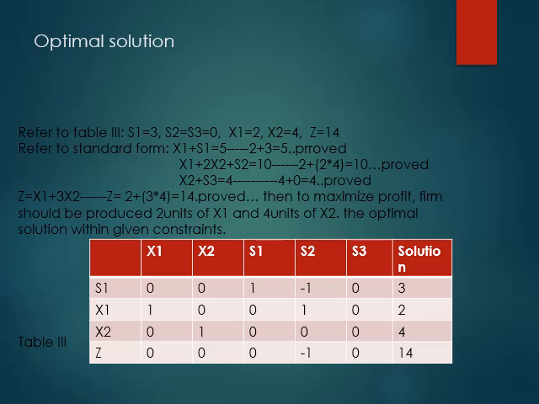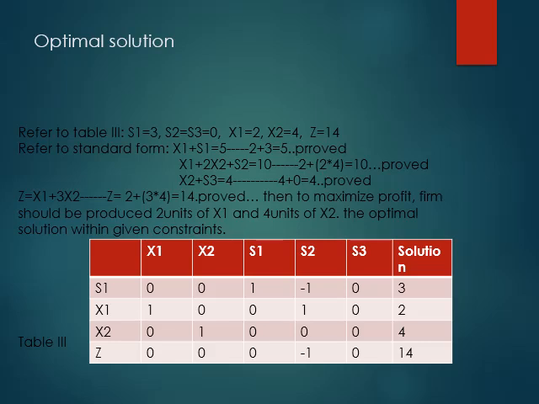Let's prove our findings. Now, if we refer to the standard form, x1 plus s1 equal 5: x1 equal 2, s1 equal 3, it is 5, proved.